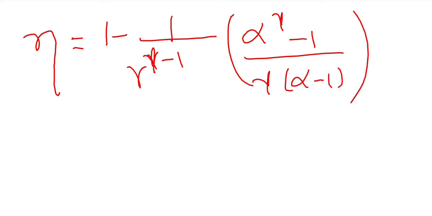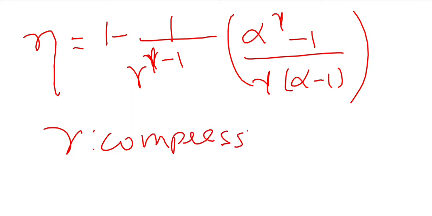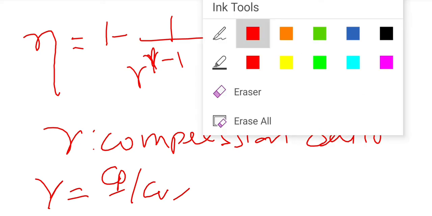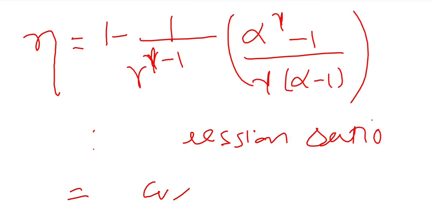This is the expression. From the last video, we know that r is the compression ratio and gamma is the ratio of Cp upon Cv, that is constant pressure upon constant volume.